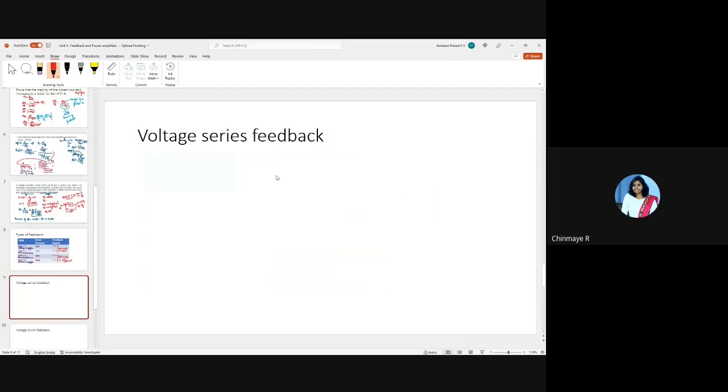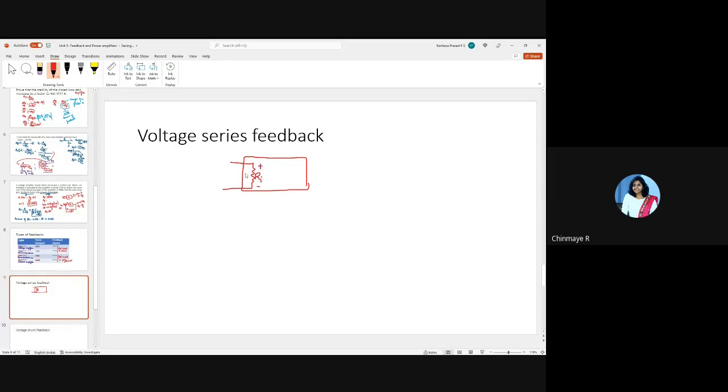Now first let us see how a voltage series feedback looks like. We have already seen how a voltage amplifier looks like, right? So the general block diagram of a voltage amplifier looks something like this. This amplifier will have some input resistance, let's call that Ri.